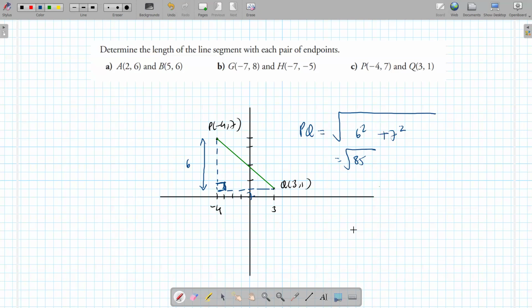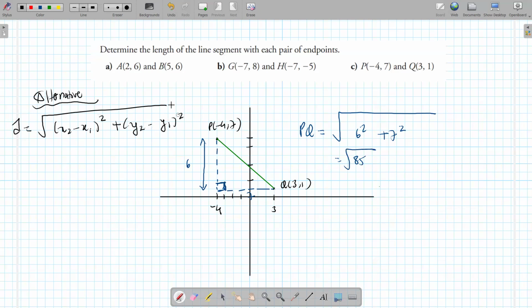So if you have a line segment that's diagonal, you can just turn it into a Pythagoras problem. Here, let me show you an alternative method, because you might not always want to sketch. You can use the distance formula, which says this: x2 minus x1 squared, plus y2 minus y1 squared.